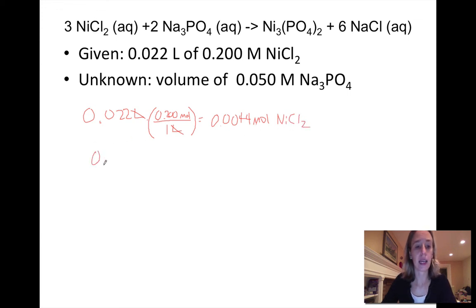Okay, now the next step is I'm going to take that molar amount of nickel chloride, moles of nickel chloride, and compare it to the moles required of the sodium phosphate using the mole ratio. So according to that balanced chemical equation, for every 3 moles of the nickel chloride, I need 2 moles of the sodium phosphate.